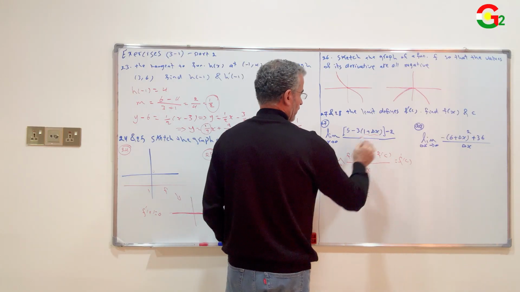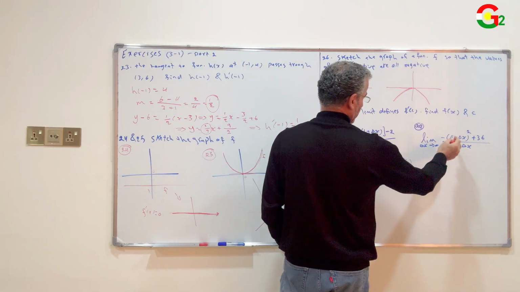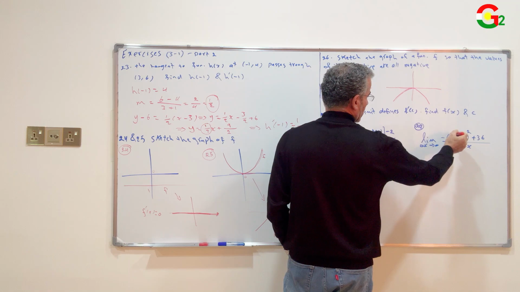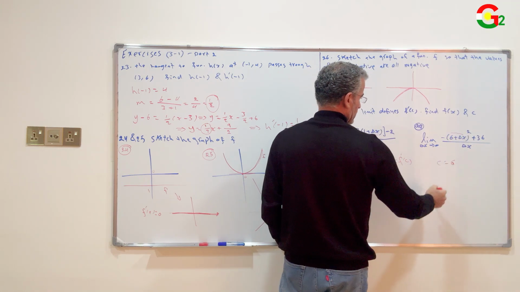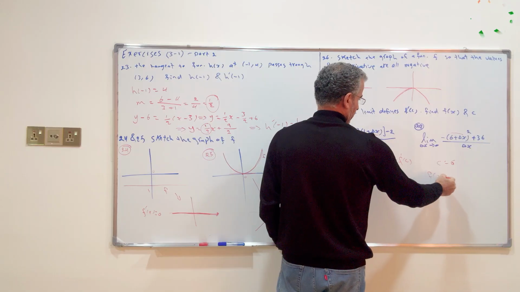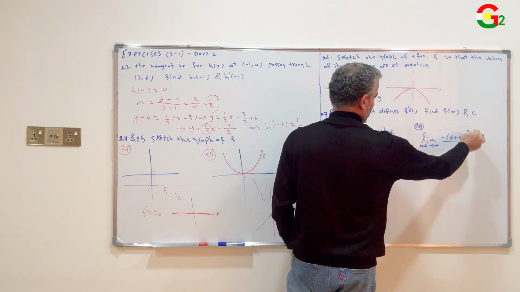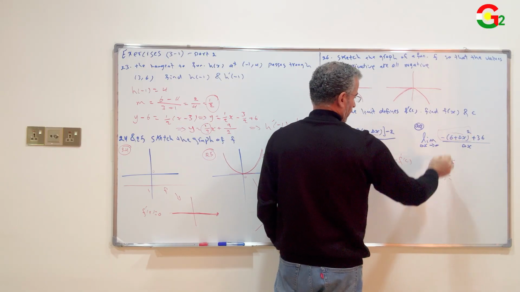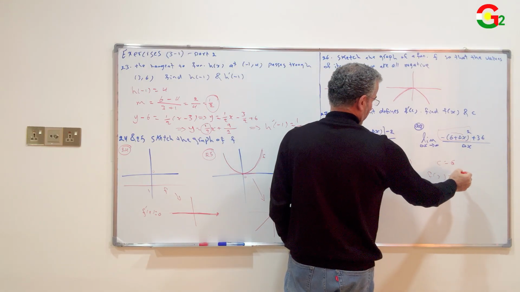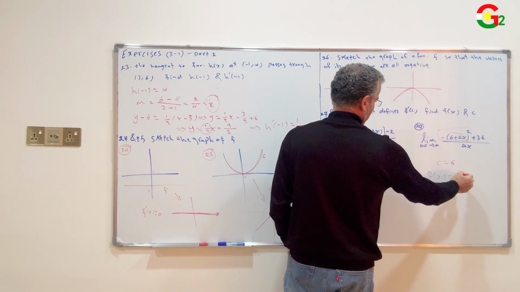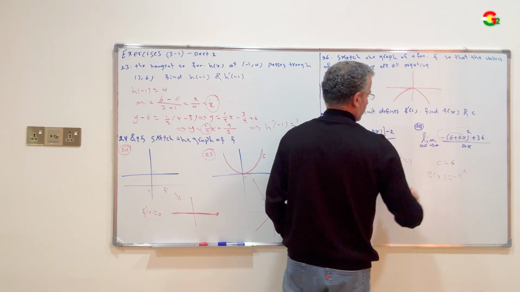This is for the first function. For the second function, this value is c plus delta c, then c equals 6, and this is f of c plus delta c, which means f of x equals negative x squared.